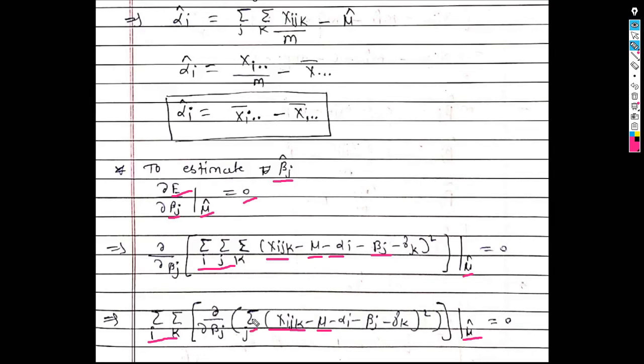Now simplify this summation over the bracket, with j varying from 1 to m.